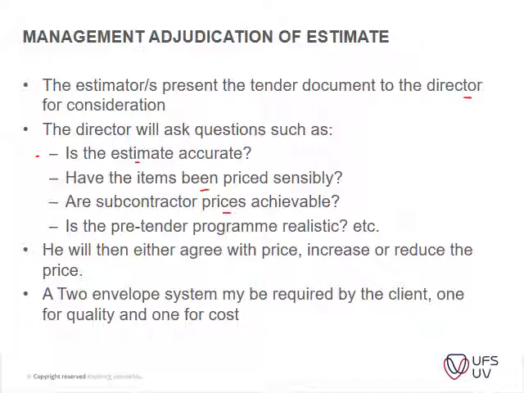Are the subcontractor prices achievable? Is the pre-tender program realistic? Then he will either agree with the price or increase or reduce it, make some amendments. A 2-envelope system may be required by the client, one for quality and one for cost. We'll still get into that a little bit.